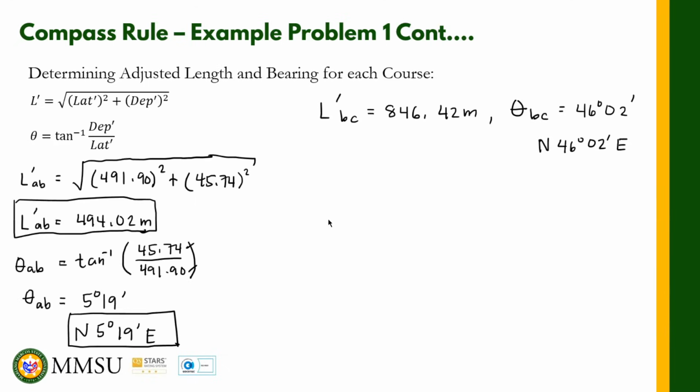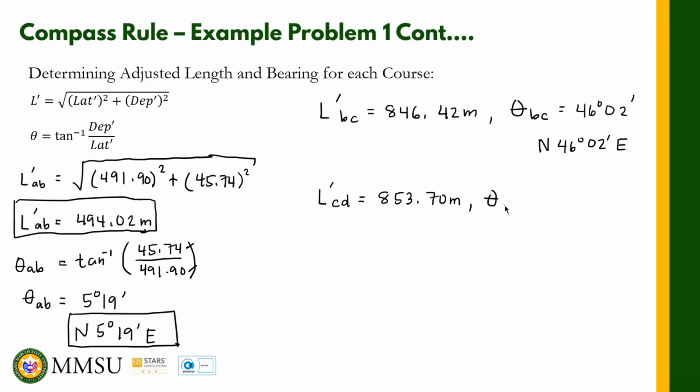Okay. Next, we have the corrected length for CD. Okay, using the same formula, square root of 328.41 squared plus 788 squared. So we have 853.70 meters.